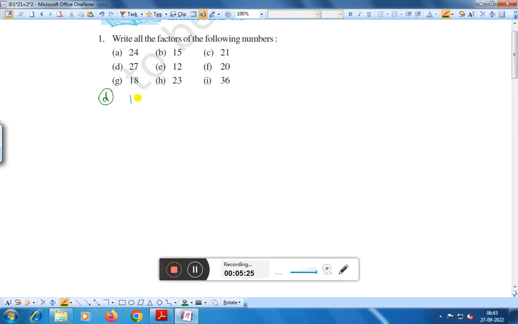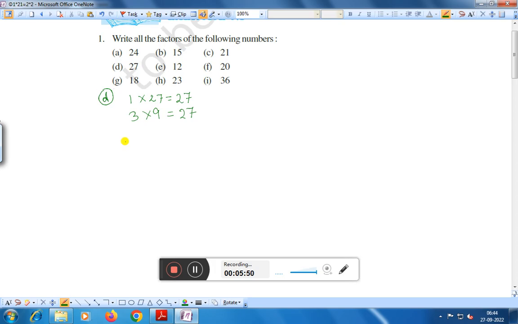The number is 27, that is 1 into 27 is equal to 27. In table of 2 we cannot get 27, then we get 3 into 9, 3 9 is 27. Any other number?